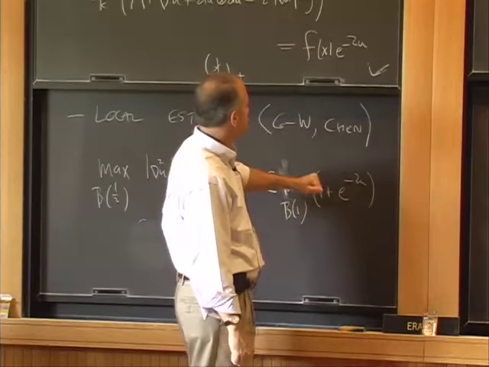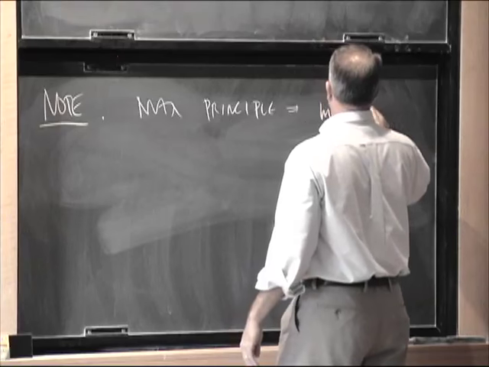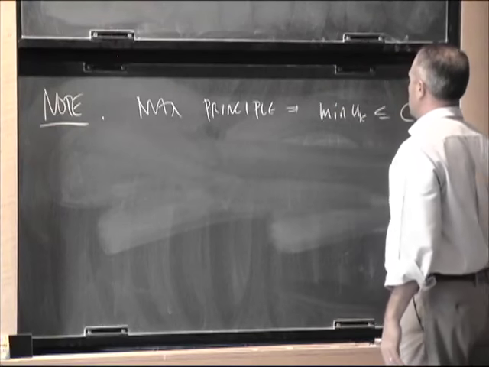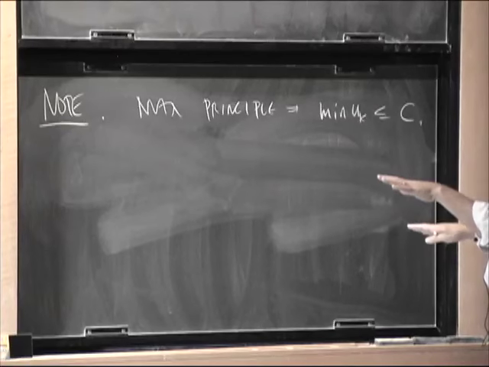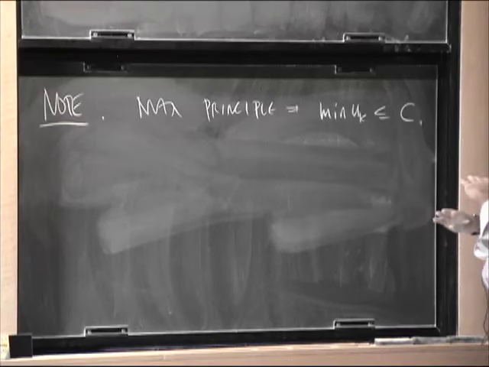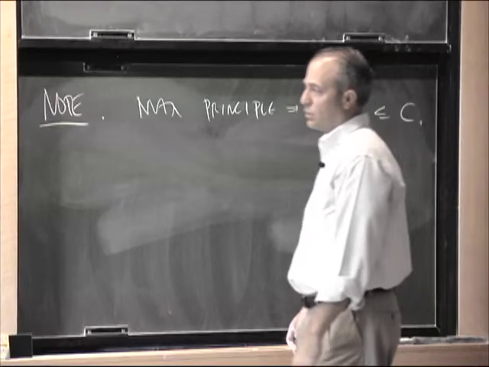Then you can see that the minimum of u is bounded above. So the maximum principle implies that the minimum of u_k is also bounded above. So you have a uniform L infinity bound. Local estimates now give you bounds up to the second order, and so now you have bounds on derivatives of all orders.